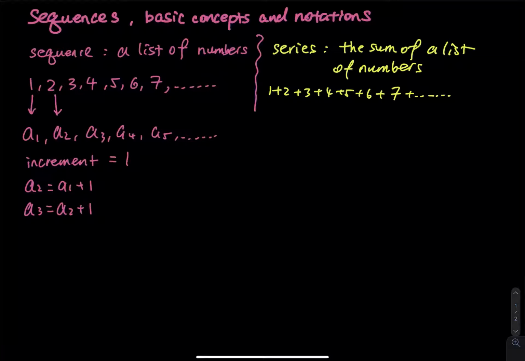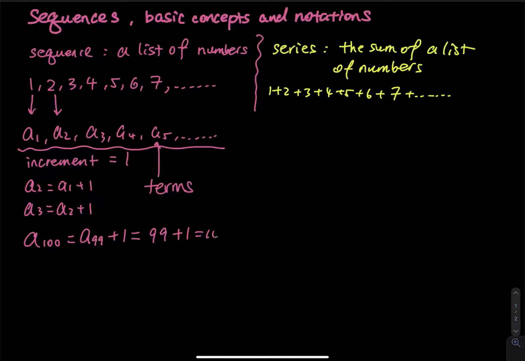A1, A2, A3, A4, and A5, we call these terms. So A1 is 1 term, A2 is the next term, and A3 is the next term. In this sequence, how do I get the 100th term? You use the 99th term plus 1, which is 99 plus 1, that is equal to 100, right?